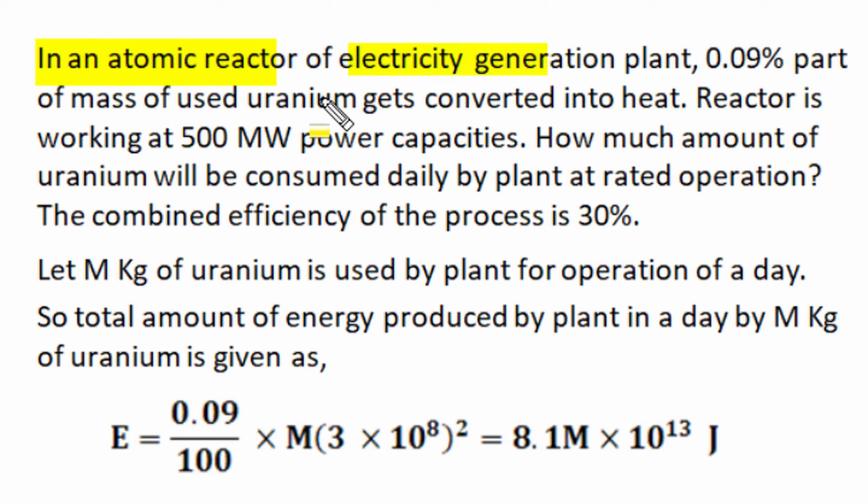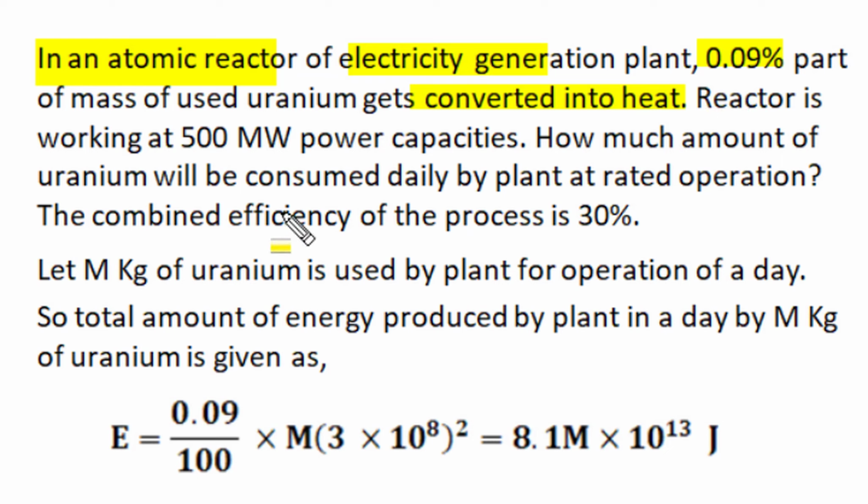In an atomic reactor for electricity generation, when uranium is used, its 0.09% part of mass gets converted into heat energy, and that heat produces steam to run a steam turbine, and the mechanical energy of the steam turbine is used to generate electrical energy in a coupled electric generator.